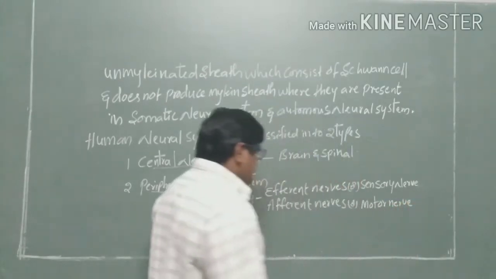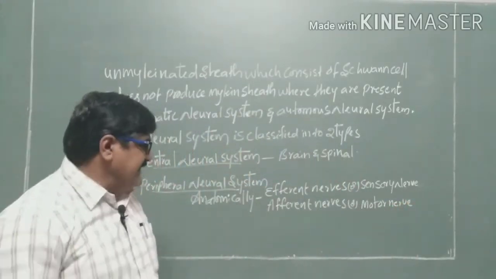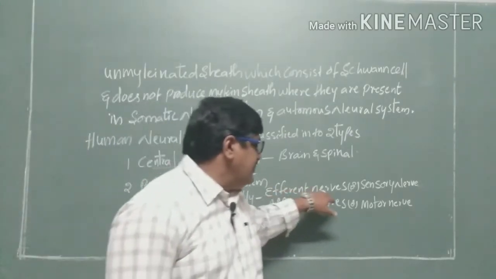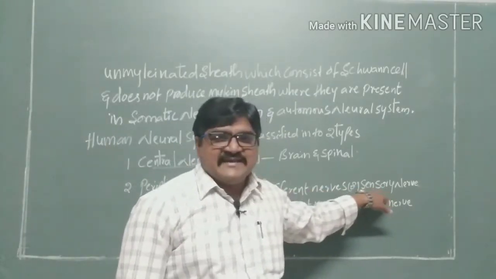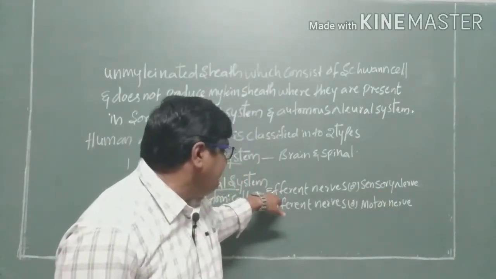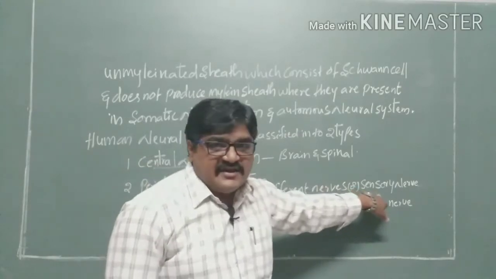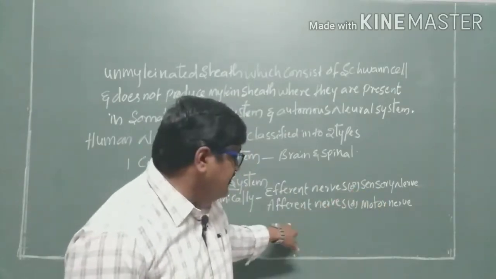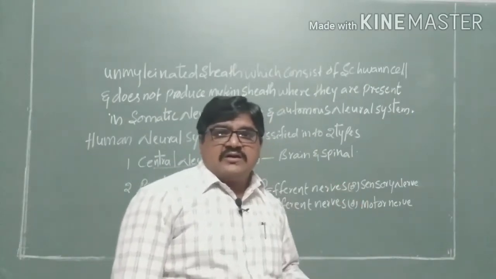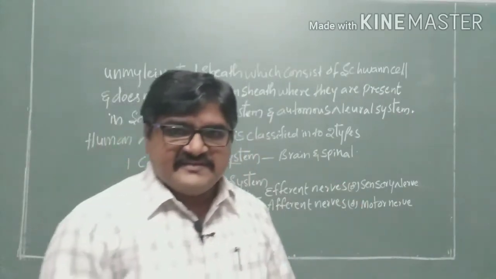So these are classified anatomically: the afferent nerves, or sensory nerves, and the second one, efferent nerves, or motor nerves. So what are these? Now it will be discussed.